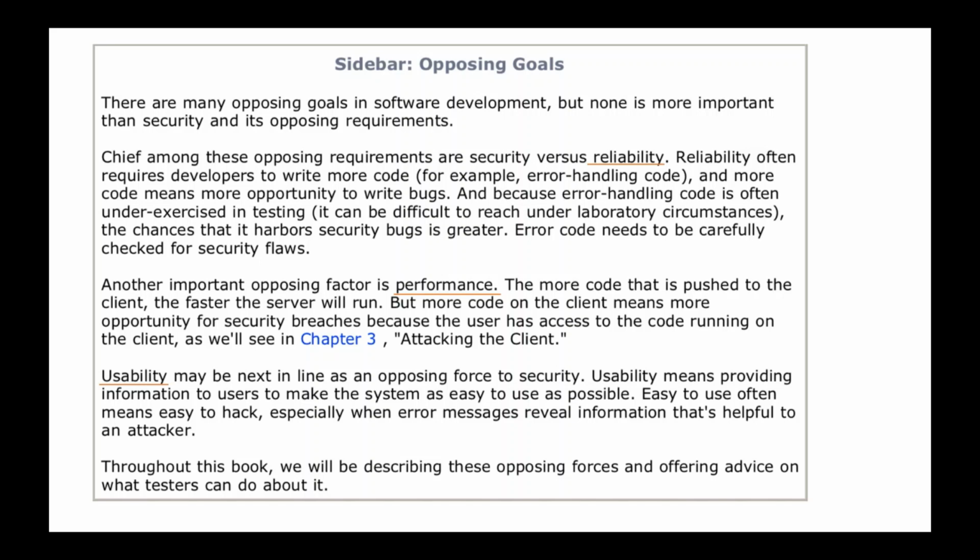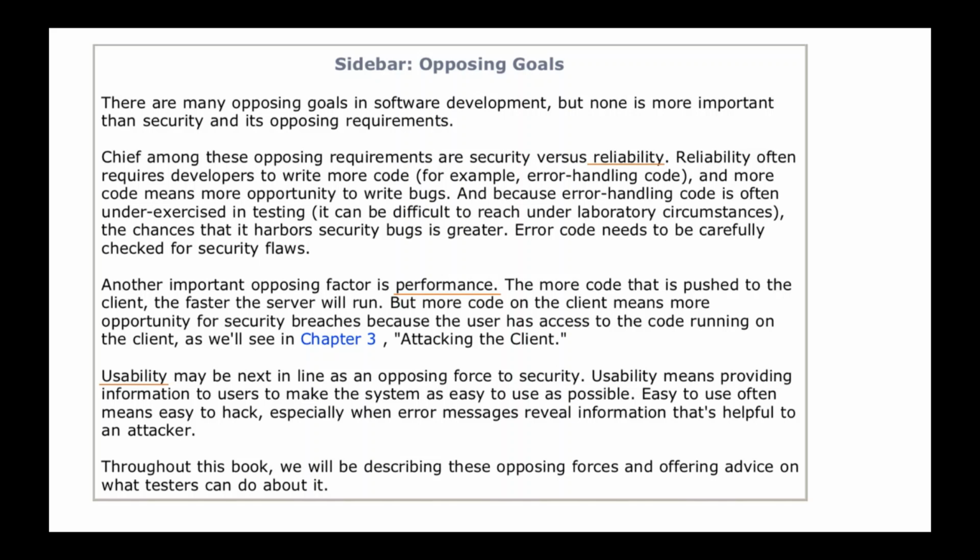But pushing more code to the client side means we give more opportunity for an attacker to find holes in our system. We know the client side code can easily be viewed by the attacker. You can easily look through the HTML, CSS or JavaScript code in the browser by just clicking view source.